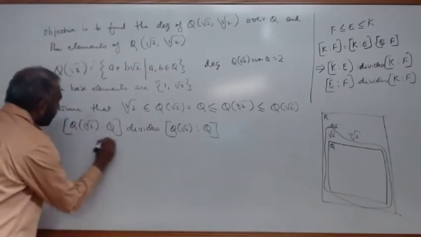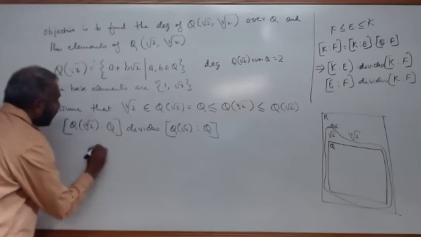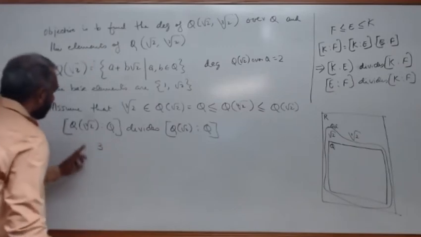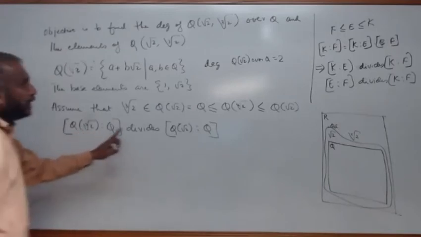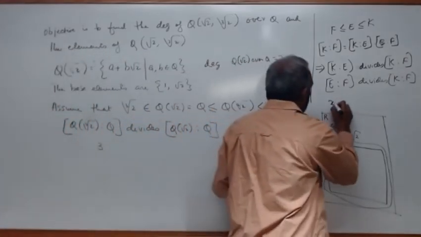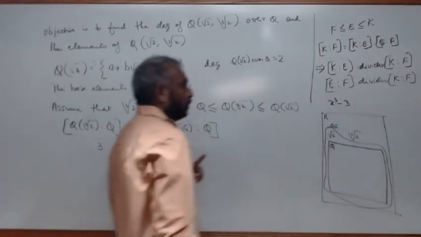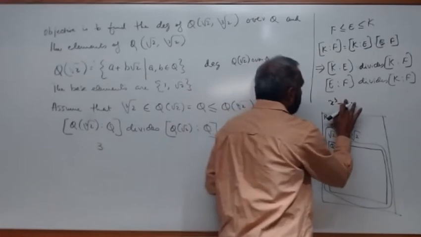What is this? This is actually 3, because the irreducible polynomial for which this is a 0 is x cubed minus 2. So x cubed minus 2.